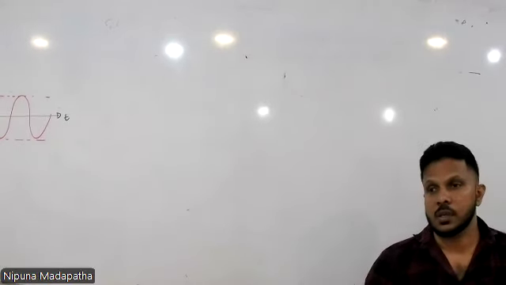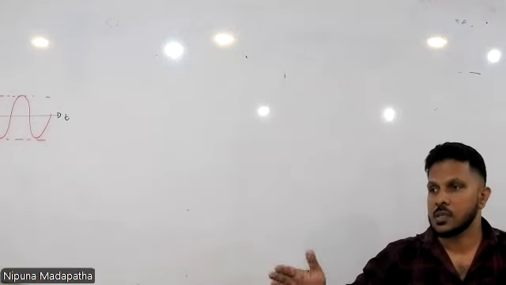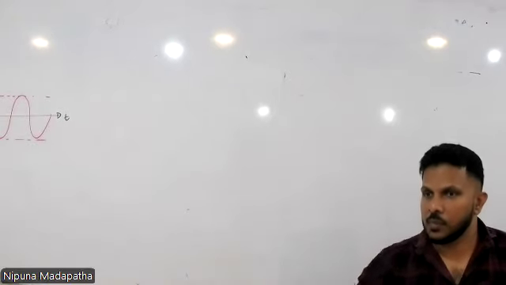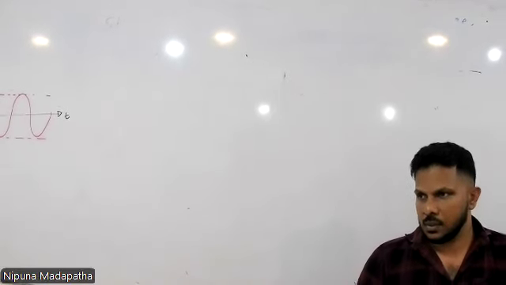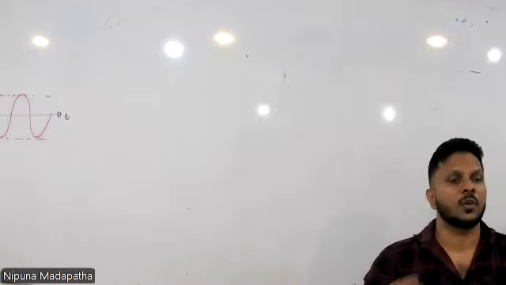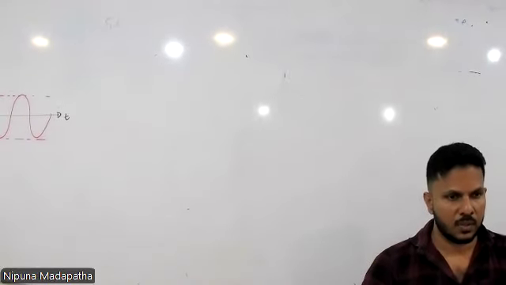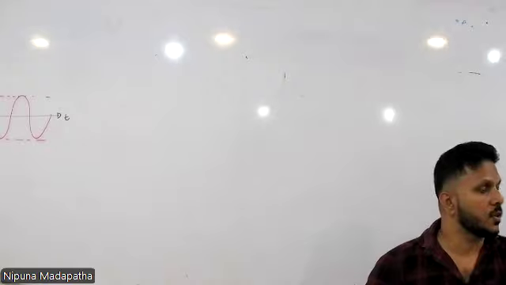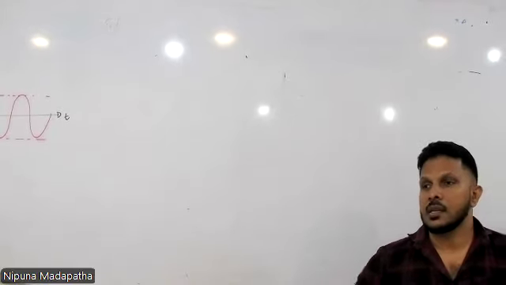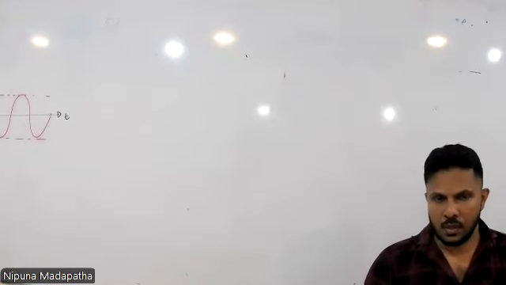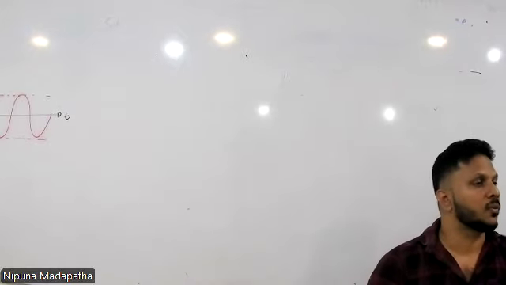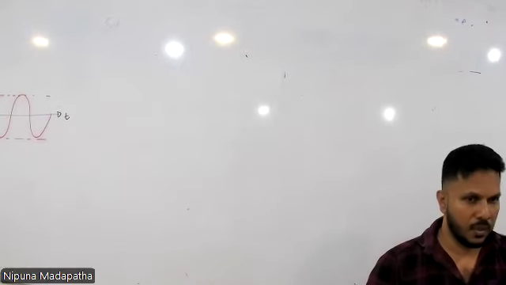Due to those forces, in order to maintain its oscillation, the pendulum needs to do work. When you are doing work, your energy is lost. So energy is lost due to the work done against the resistive forces. What happens to the amplitude of the motion? It reduces.